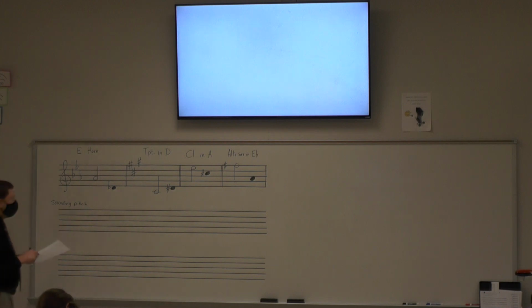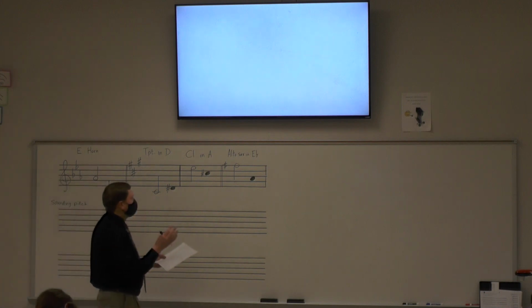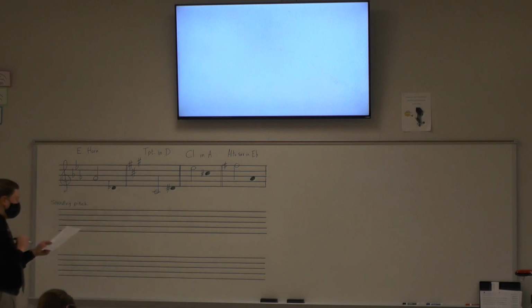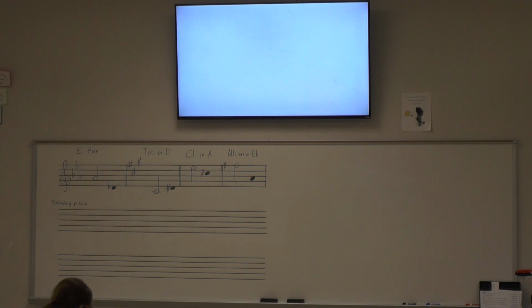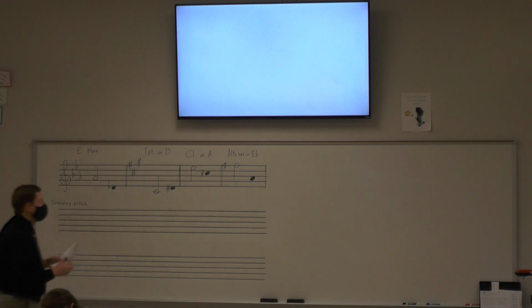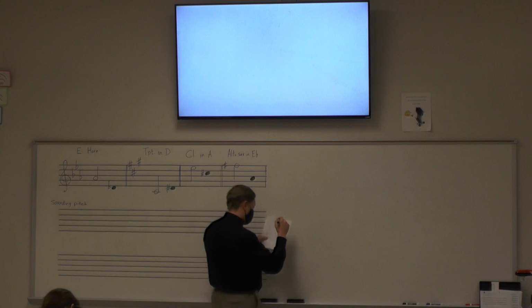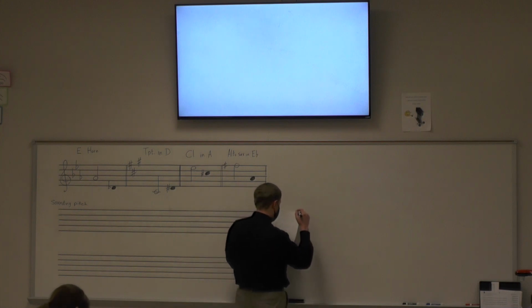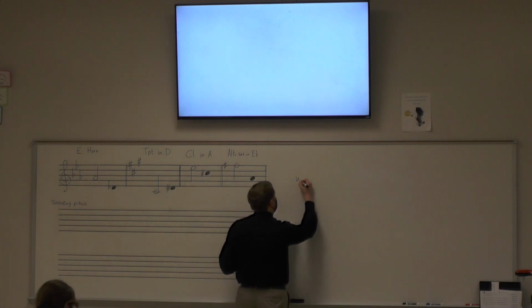What I want to do now is, last class we learned how to determine the actual sound of a transposing instrument, assuming that we were given a written pitch for it. And in order to do that, we learned the interval and direction of transposition for 7 instruments, 4 of which are up here right now. In most cases, the transposition information was this.